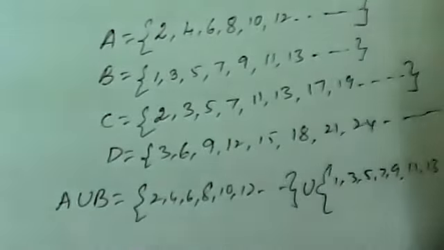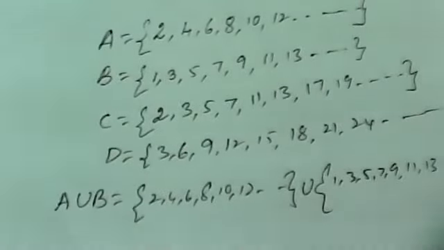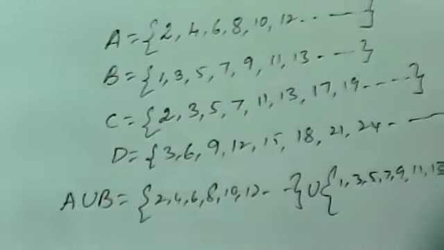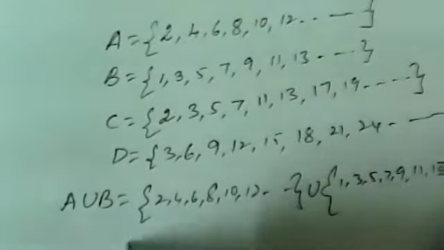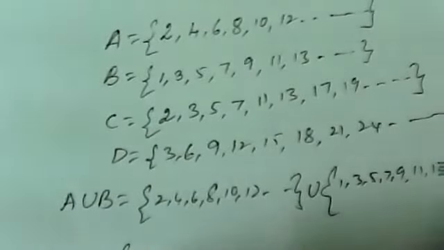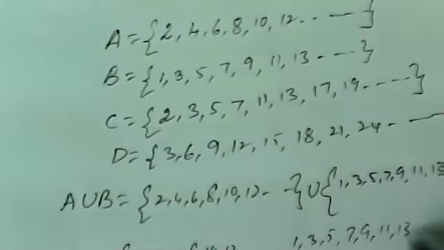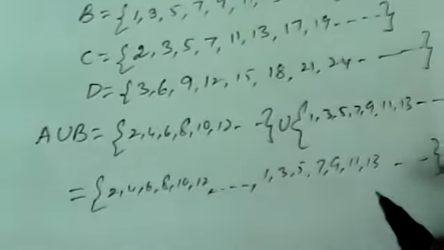For the union, we include all those elements. So 2, 4, 6, 8, 10, 12, and so on, and again 1, 3, 5, 7, 9, 11, 13, and so on. These are the elements in the union of these two sets.